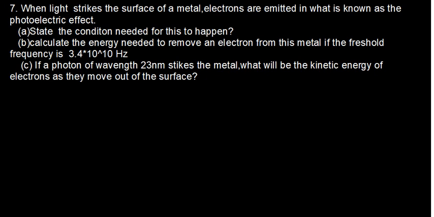Now for B, calculate the energy needed to remove an electron from the metal if the threshold frequency is 3.4 times 10 to the power 10 Hz. Now we know that energy is given by Planck's constant times frequency.